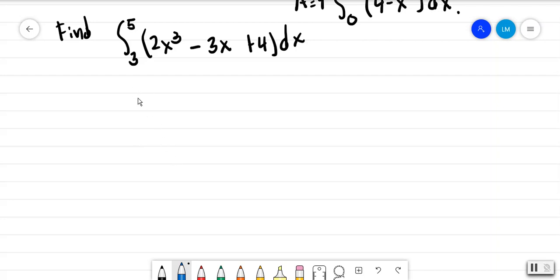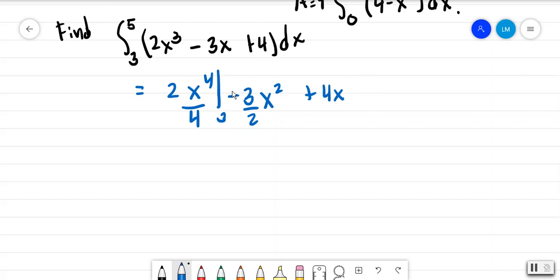So when we do this, this is going to be 2x to the 4th divided by 4 minus 3 halves x squared plus 4x. All of this is from 3 to 5.